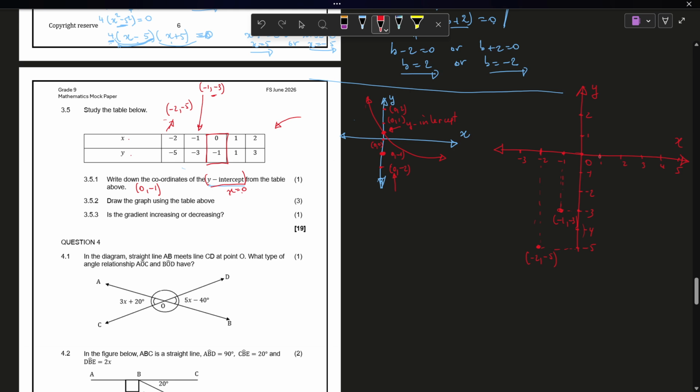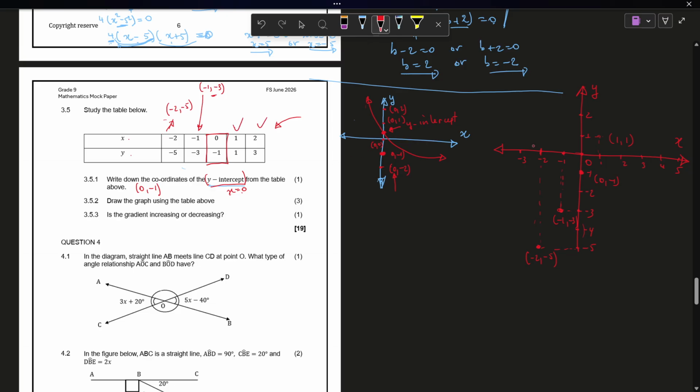What else have we got? And then we got 0, -1. 0, -1, there it is. 0, -1, right here. And now we've got 1, 1. So we go 1 and then 1 this side. So we're done with this.